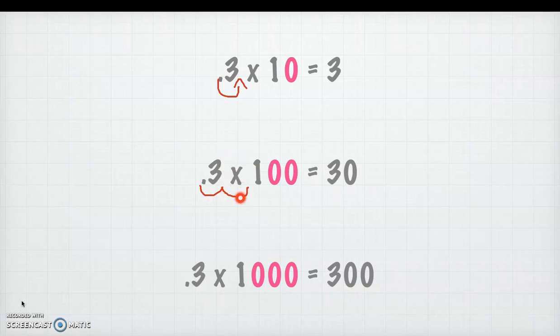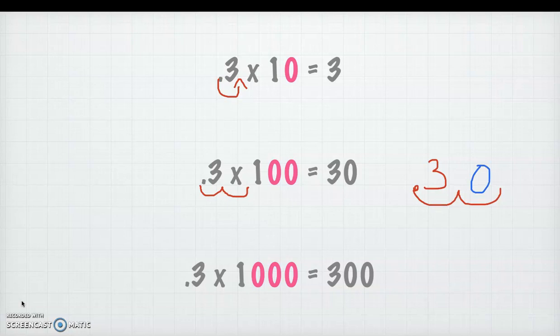So I'm going to add a 0 right there. So my final answer is 30. Let me go ahead and rewrite that. So 0.3 times 100, I have to move my decimal point 2 times to the right, 1 and 2. I do have an empty spot. In that empty spot, I'm going to annex a 0, so my final answer was 30.